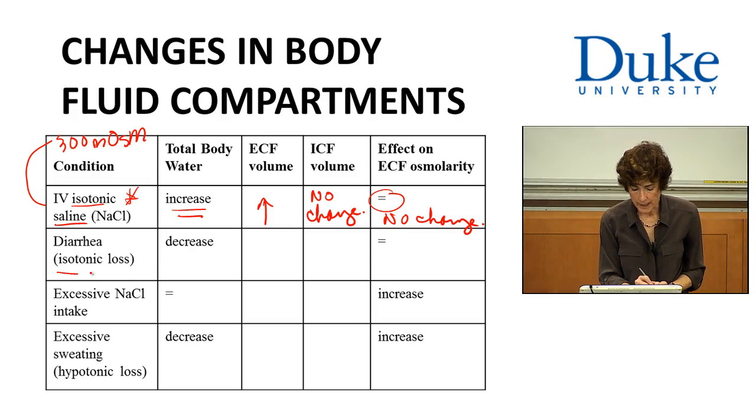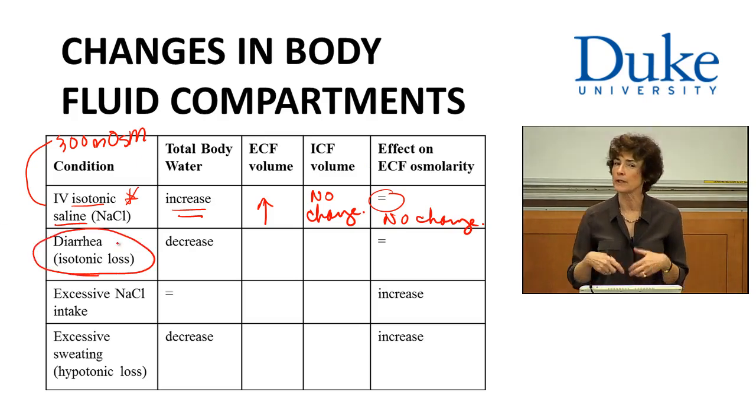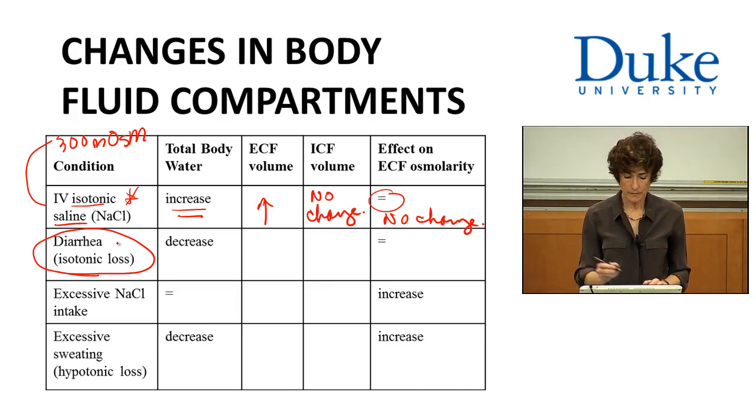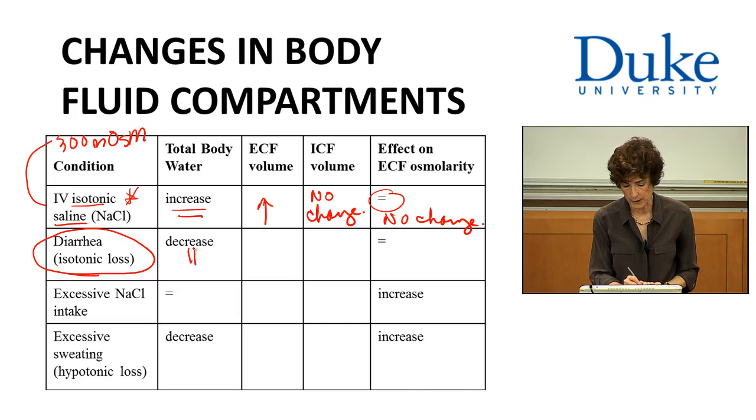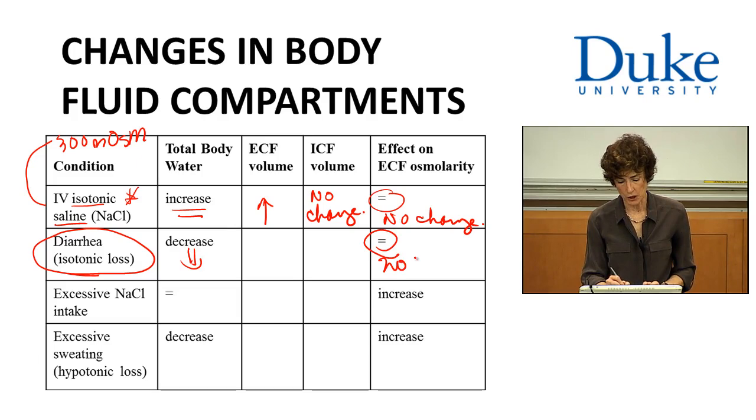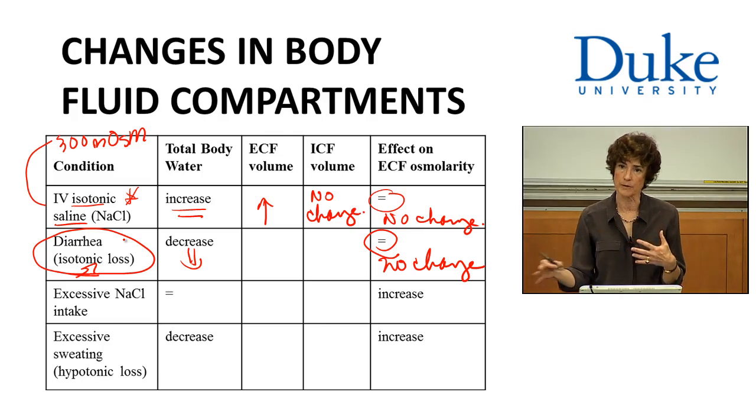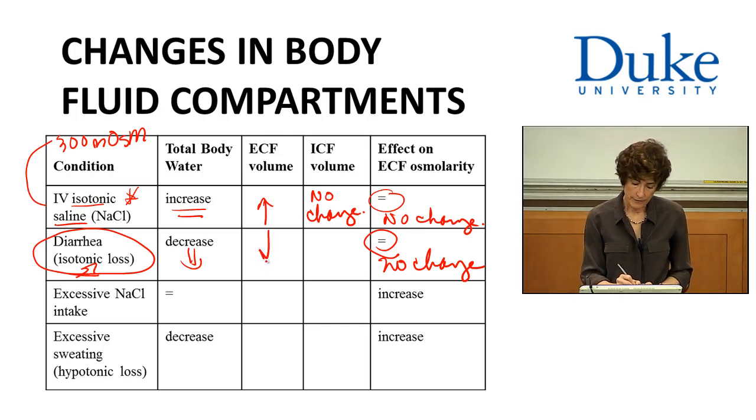On the other hand, if we have a situation where we have diarrhea, where we have an isotonic loss, so that we're losing an isotonic fluid from the body, from the anus, the total body water is going to decrease. Again, there's no change in the osmolarity because we're losing an isotonic solution from the body. The ECF volume decreases, but again, there's no change in ICF volume.